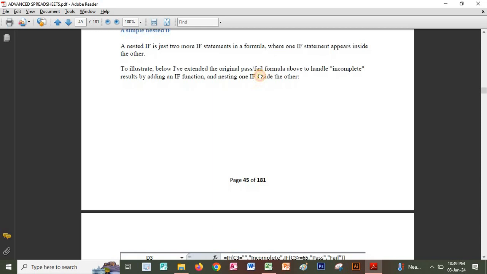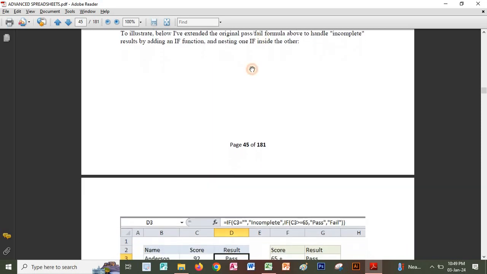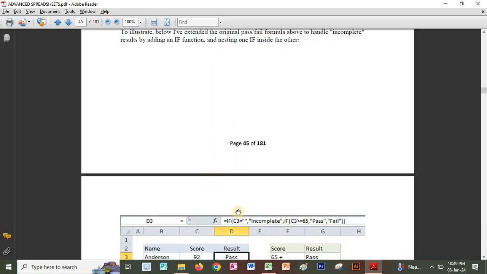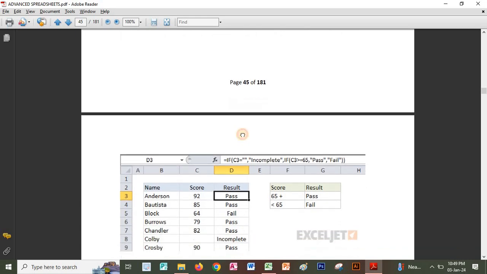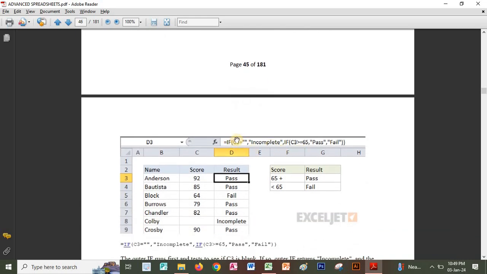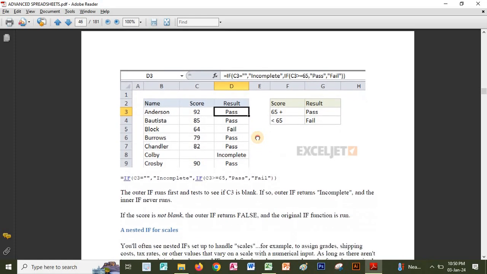An IF function also is a good example that comes up with nesting. In this case we have the first IF function, and inside that IF function there is another IF function. So this is the second level function. See whether it works out for us.